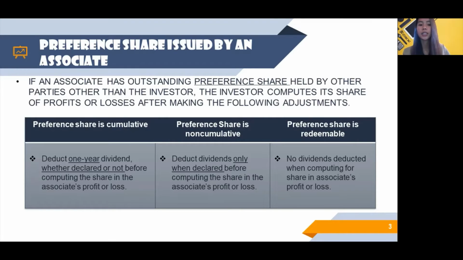So whether dineclare siya or not, before computing the share in the profit or loss of the associate. So second is, kapag ang preference share is non-cumulative naman, so we deduct dividends only kapag dineclared before computing the share in the associate's profit or loss. And the third one is kapag yung preference share daw is redeemable, so wala tayong dividends na i-deduct when computing for the share in associate's profit or loss.